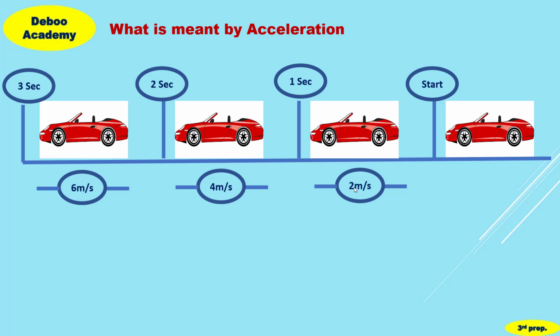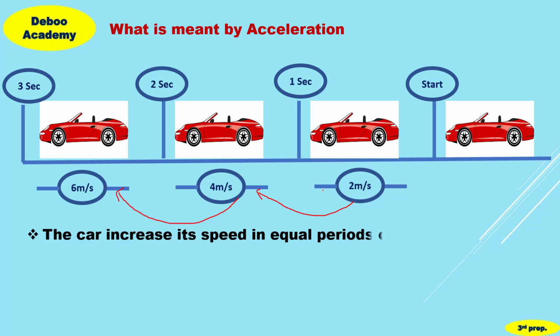We notice that the speed increases from one second to the next. So when the speed increases, we call this acceleration. The car increases its speed in equal periods of time, and we call this acceleration.